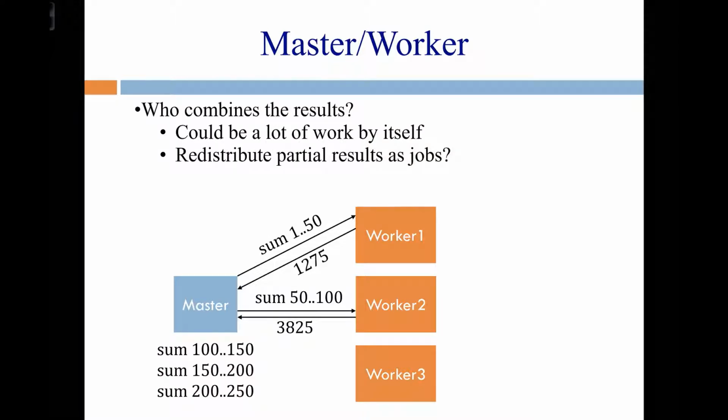And then another big job is, once you've split the work up, you're now going to have partial results from each of those machines. How do you get those results back and then aggregate them in some way?